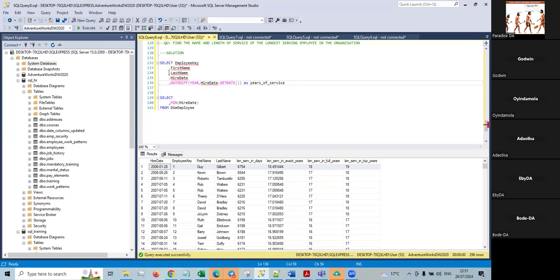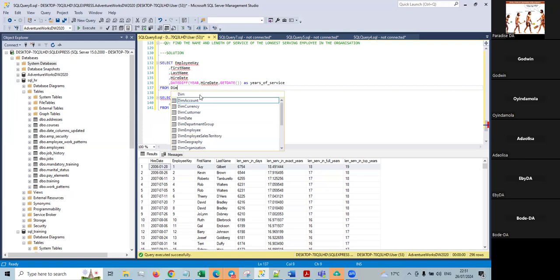But we are looking for the hire date that is the minimum. We're looking for the hire date that is the minimum.